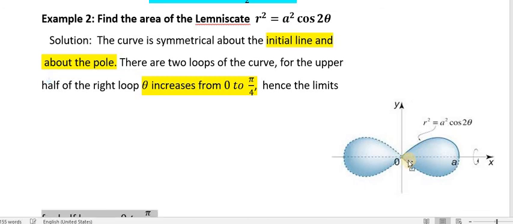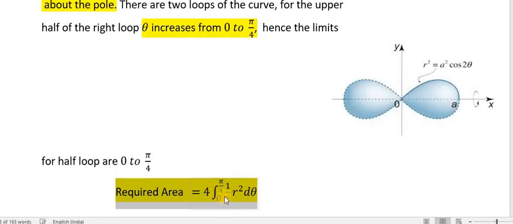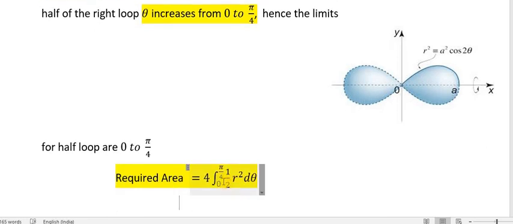So that is 4 times integral 0 to pi by 4. See, from the right loop, if you take, the angle is increasing from 0 to pi by 4. Hence, the limits are 0 to pi by 4.